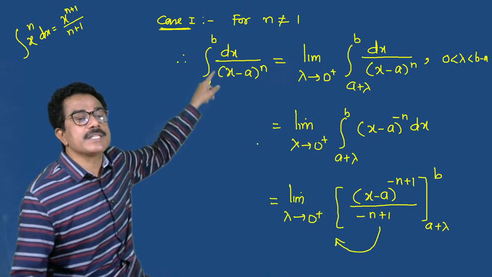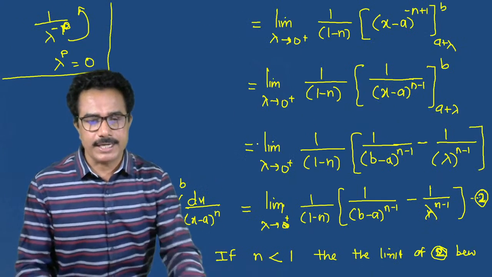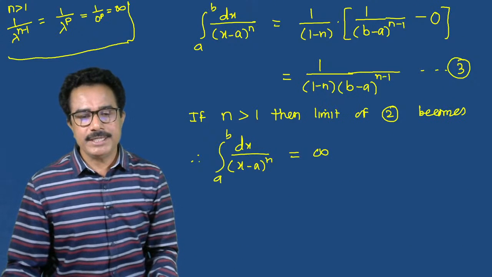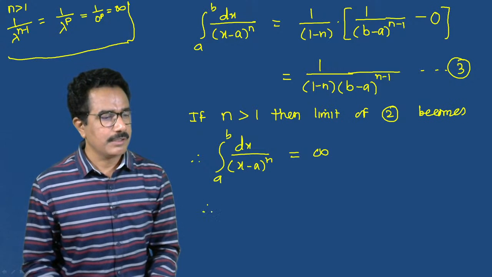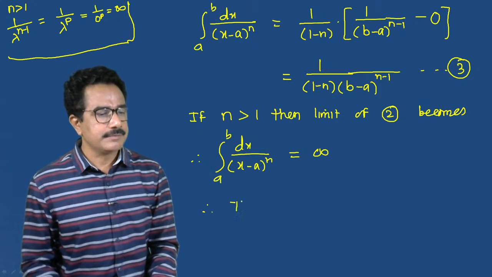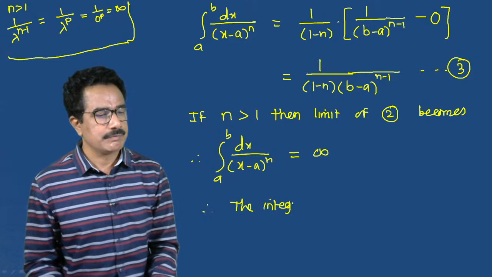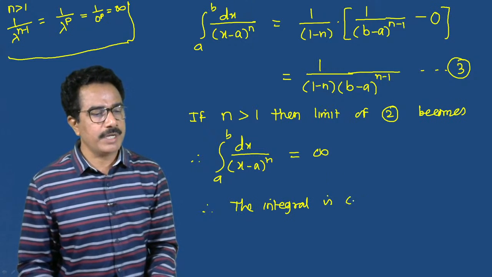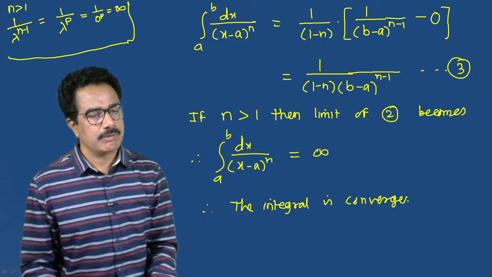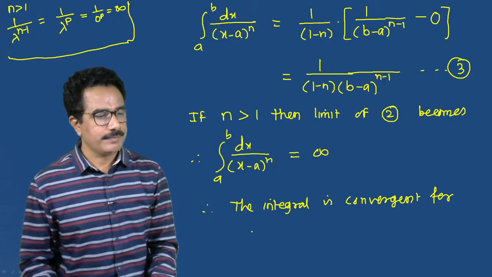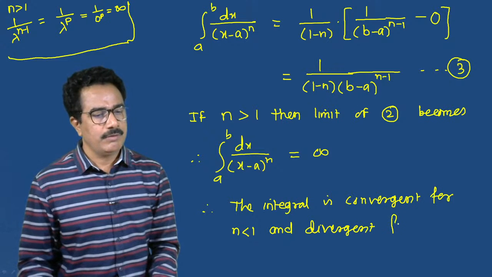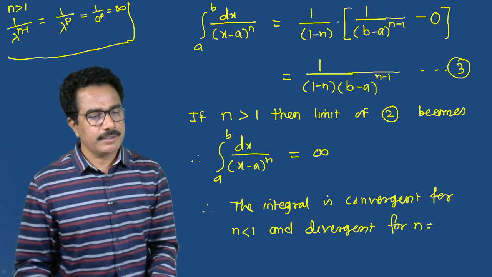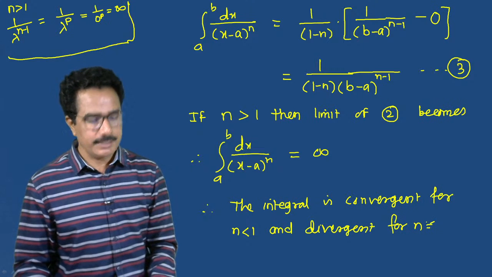That was the first case, for n not equal to 1. So we can write here: the given integral is convergent, therefore the integral is convergent for n less than 1 and divergent for n greater than 1.